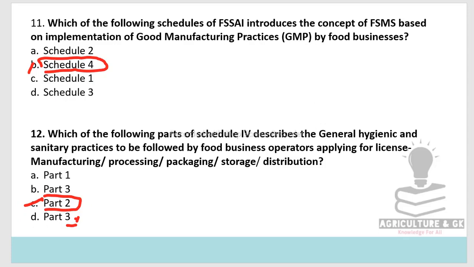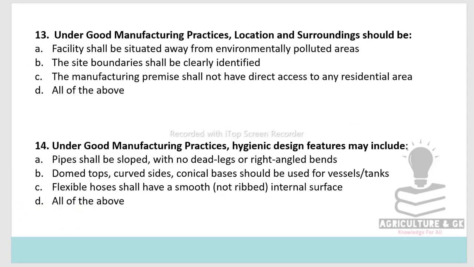Now moving next. Under good manufacturing practices, location and surroundings should be: facility shall be situated away from environmentally polluted areas; the site boundaries shall be clearly identified; the manufacturing premises shall not have direct access to any residential area; or all of the above.